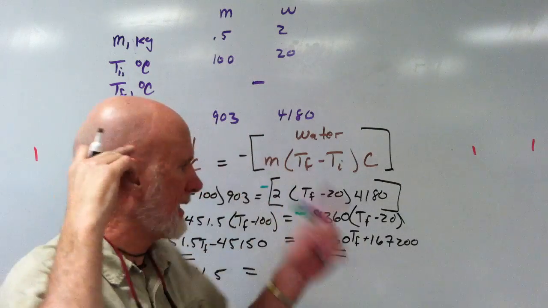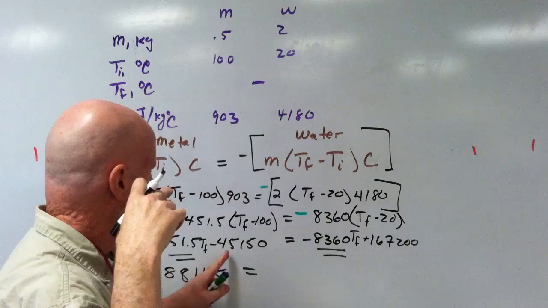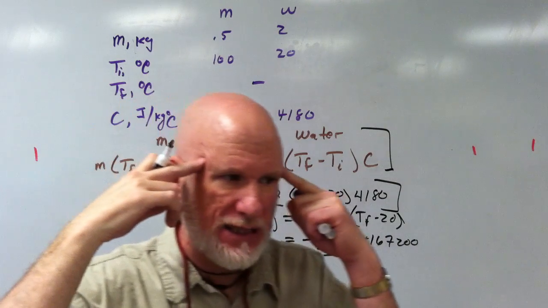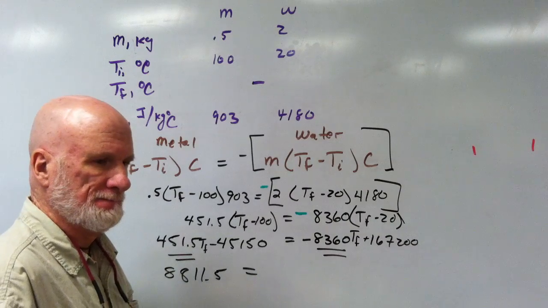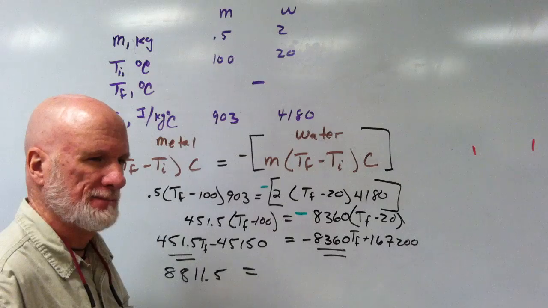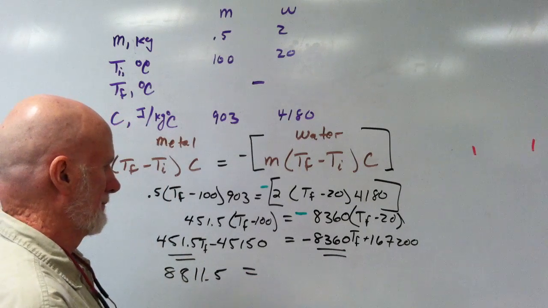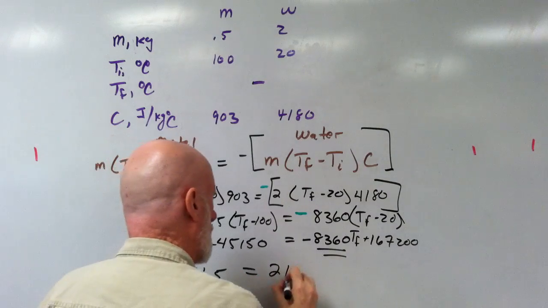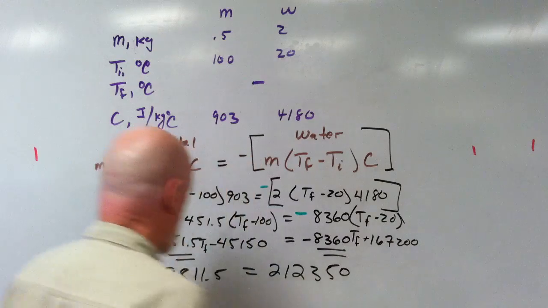So 167,200 plus 45150. What do you got? I got 212,350.